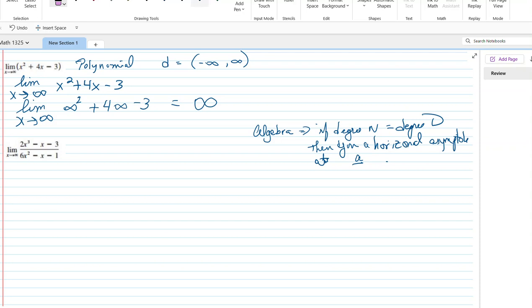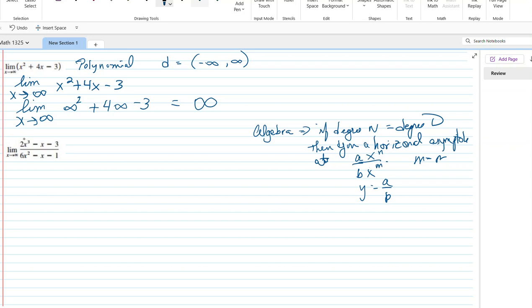Okay, I can write this correctly. Sorry. So if they're the same, if n equals m, then y equals a over b is a horizontal asymptote. That means as you go to the end zone, it approaches but never gets there.